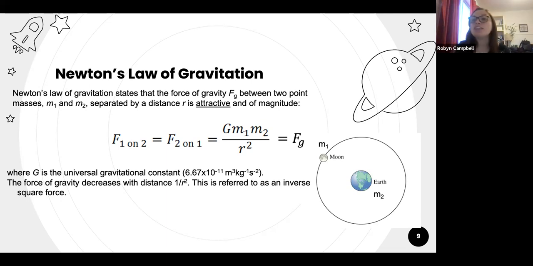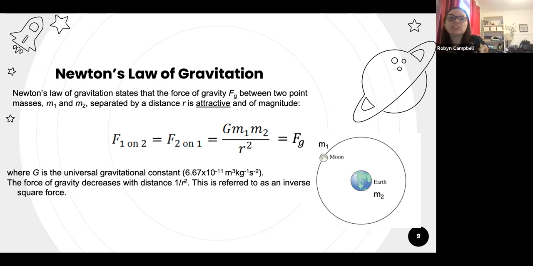So Earth's gravity on me is the same as my gravity on Earth. Obviously, it affects Earth a lot less because my mass is so small compared to Earth. So the more general statement of Newton's law of gravitation is not F equals mg. That's actually a specific case, doing the calculation for Earth's surface.